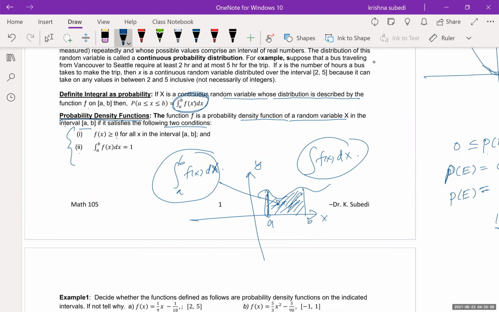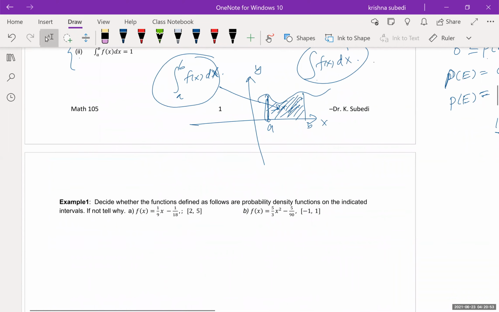Keep in mind, this is a different face of the same integral. We have already seen a different face of the integral, and here we look at the definite integral as probability. So in this section, when I say the integral from a to b of f of x dx, it means the probability within that interval a to b.